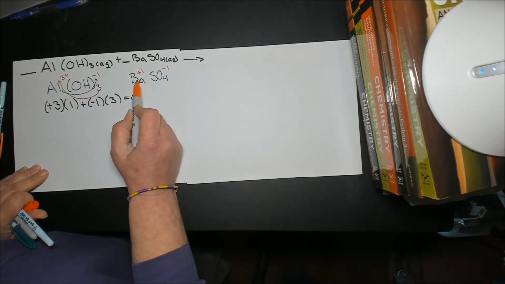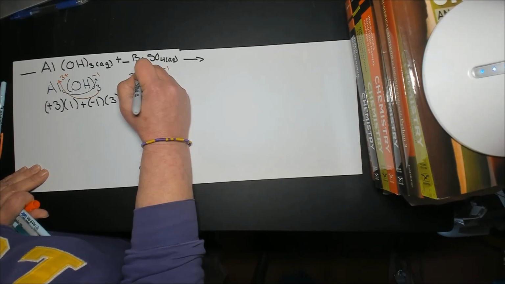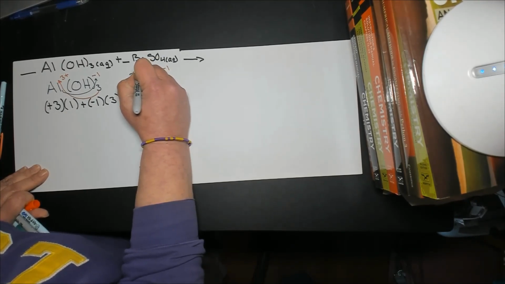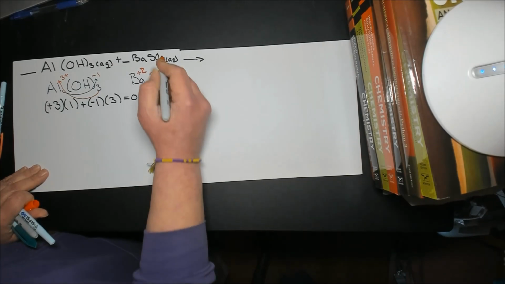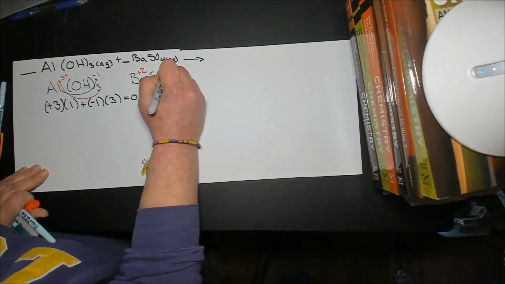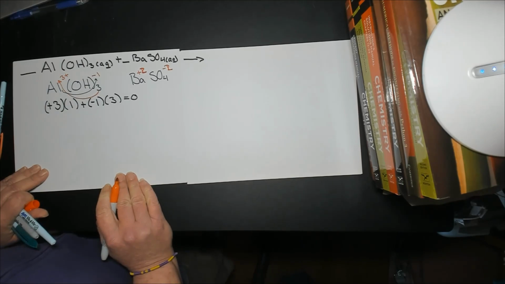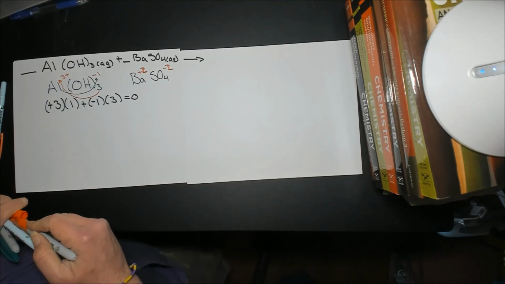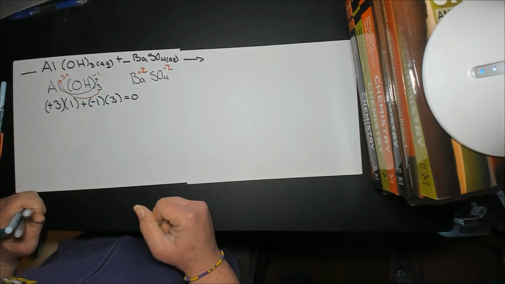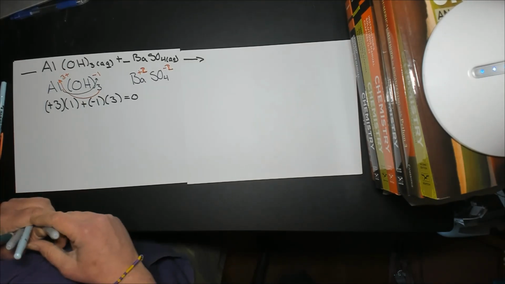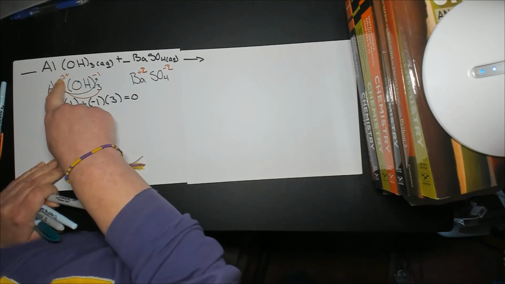Well, if it loses 2 valence electrons, that's going to make it a +2 ion. Well, if there's 1 to 1, then that means that this must be a -2 ion. Or the other way you can do that is to memorize them, but it's always nice to be able to pull out a tool and use that to predict things. So now we know the charges on them.